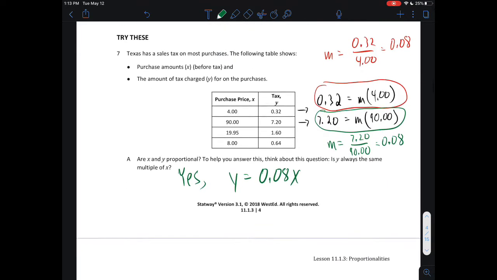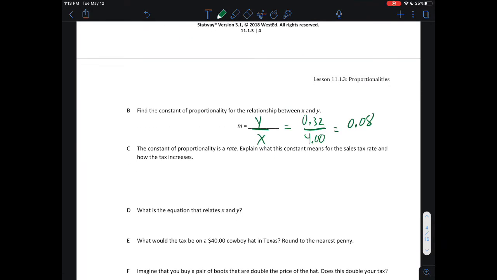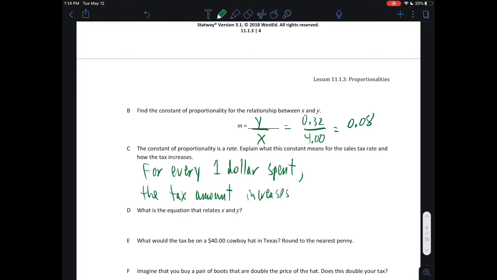So, back on part C, what you can think is for every 1 unit of x, which means for every $1 spent on a purchase, the tax amount increases by 8 cents, which is the same thing as saying $0.08.